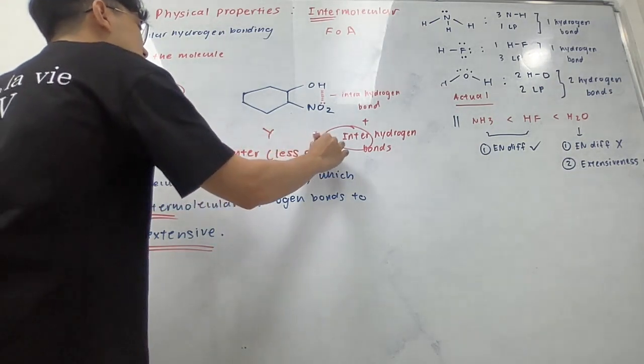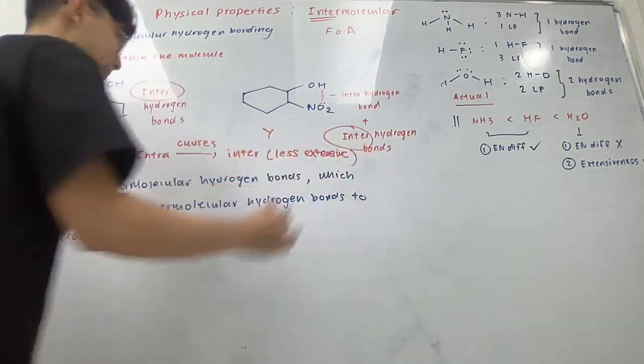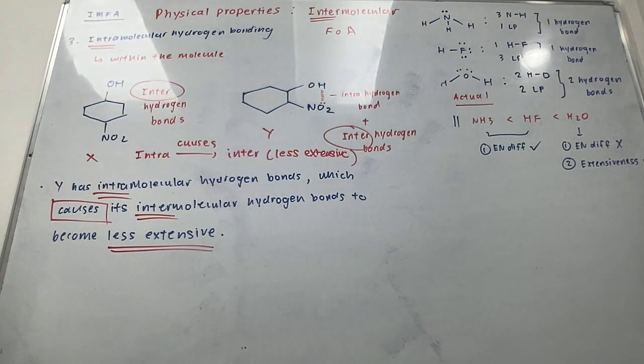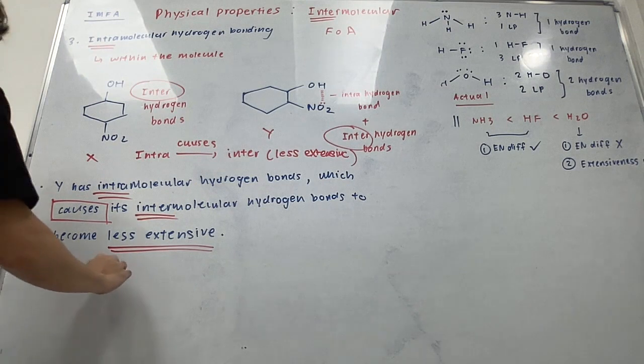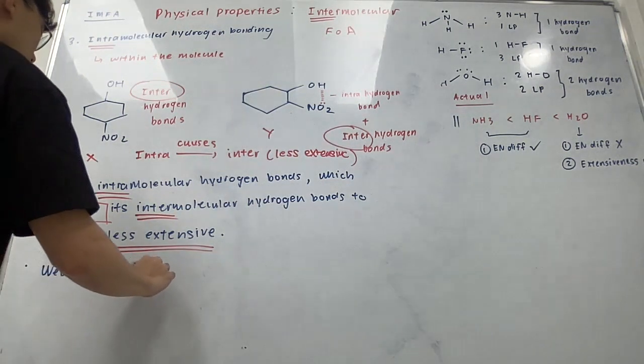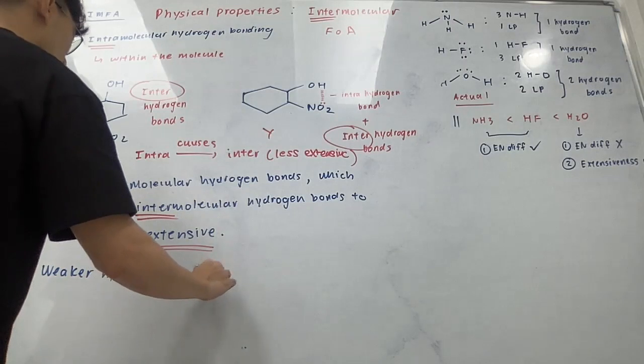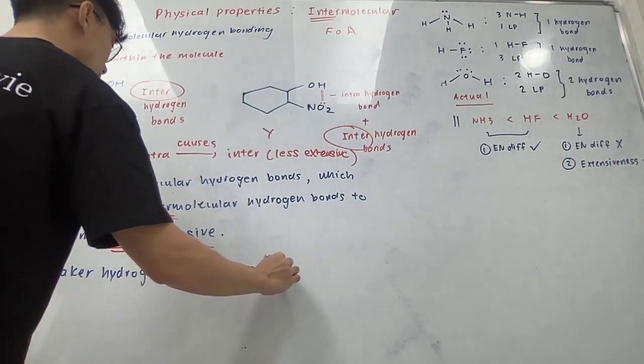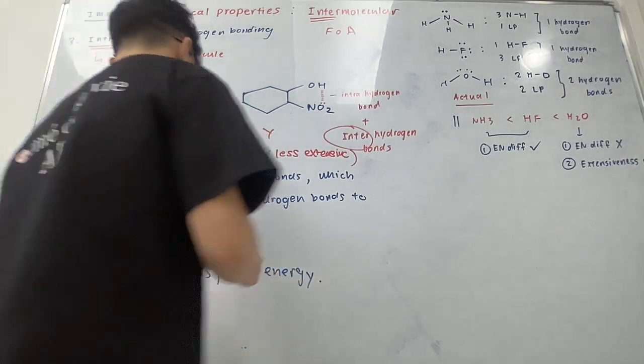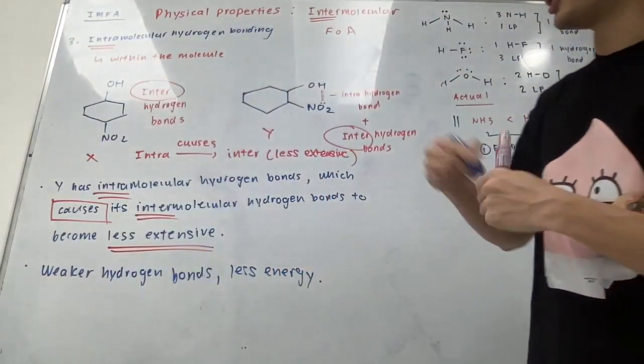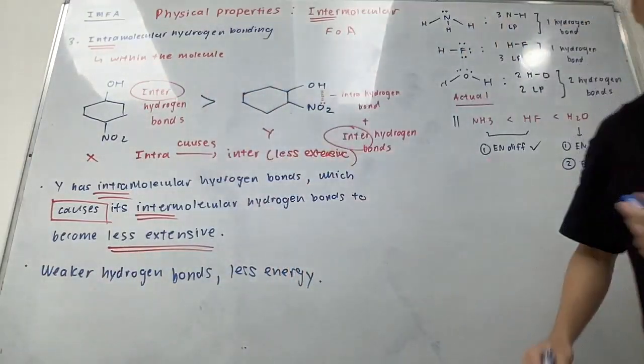It is a cause and effect situation. And we know less extensive means what? Weaker. So Y has weaker hydrogen bonds, which require less energy to overcome. So I'm going to write down these in short points. So Y actually has a lower melting point than X.